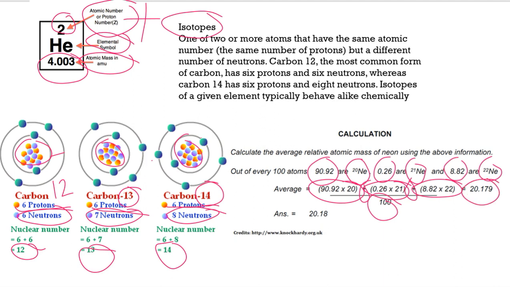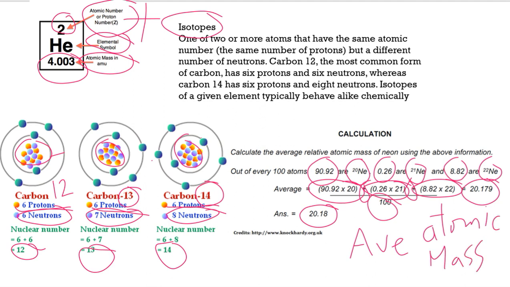This number, in this case, is 20.18. This is a number that you will observe in the periodic table as the average atomic mass per one element. This exercise is very important.